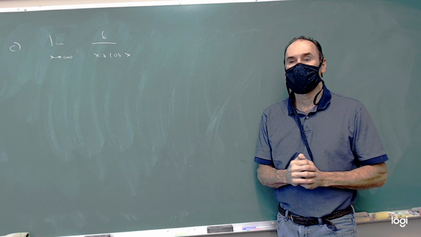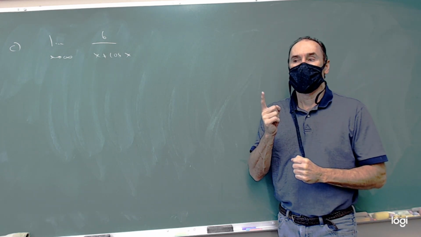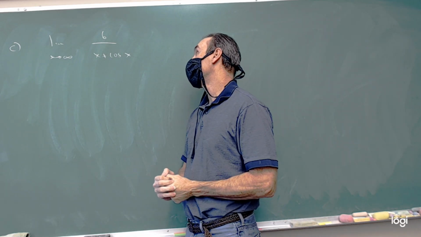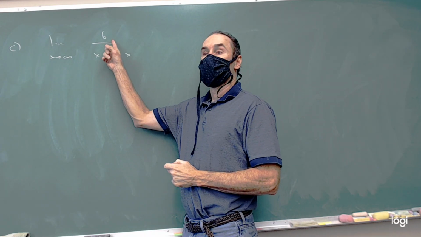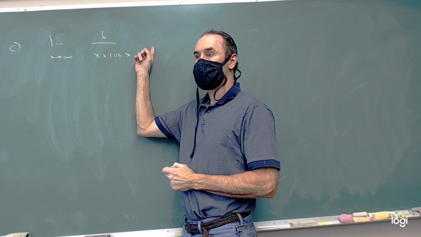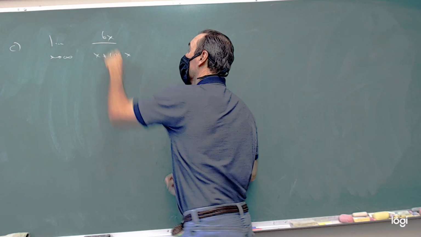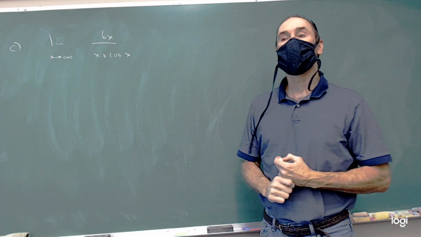Okay, so as we look at this and say, as x gets huge, the numerator is always 6. The denominator, what's that? Is it 6x? Yeah. That makes it more interesting. It was too easy. Okay.